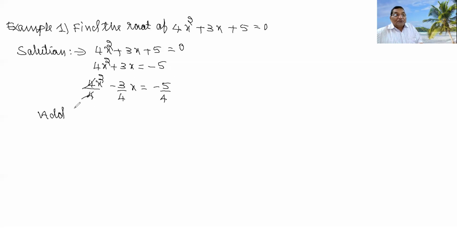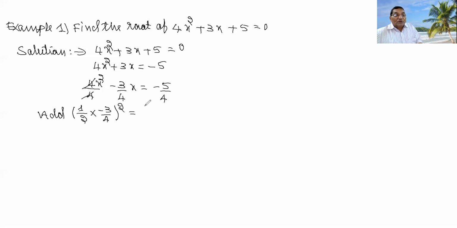Add half coefficient of x. Look here, 1 upon 2, coefficient of x. Coefficient of x is 3 upon 4. 3 upon 4 bracket square.